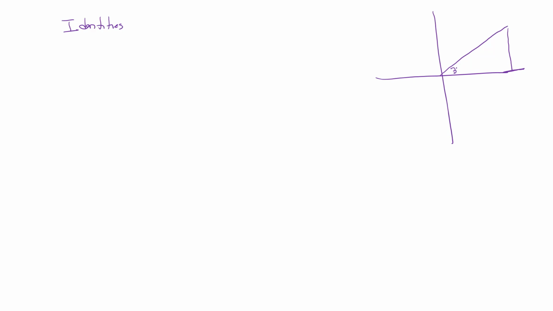So here's my 30-degree angle, my 60-degree angle. Across from the smallest angle is the smallest side of 1. Across from the largest angle, which is 90 degrees, is 2. It's twice as much. And across from the medium-sized angle, which is 60 degrees, is that square root of 3.